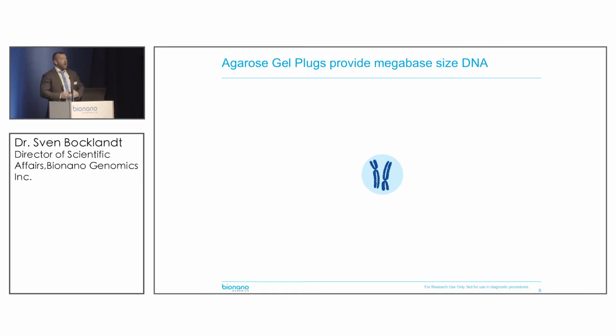So Bionano gets around that by using agarose gel plugs. It's a fairly old-fashioned system, but it works really well. You embed the cells or nuclei in a little cube of agarose, purify the DNA with enzymes and detergents, and then you digest the agarose away once the DNA is clean. And chromosome-length molecules come out.